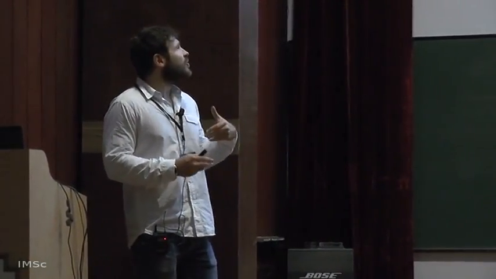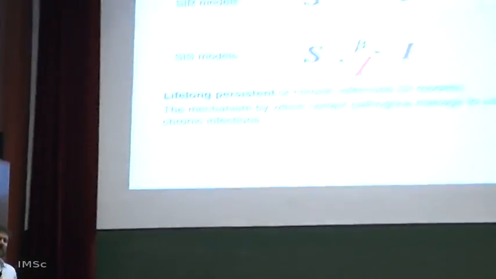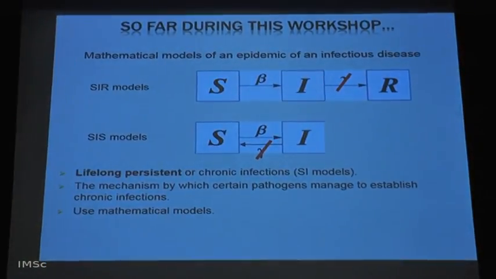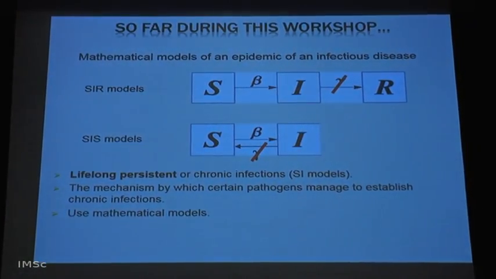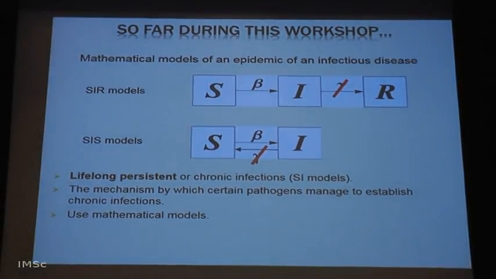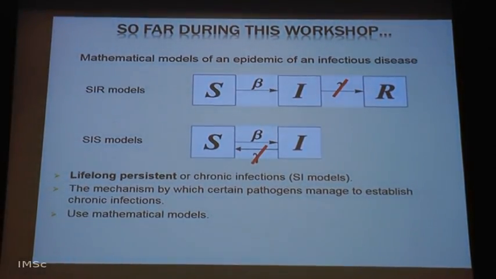I rather want to tell you a little bit what we have done using mathematical modeling to understand the mechanisms that certain pathogens use to establish a chronic infection, an infection that your immune system is never capable of clearing.